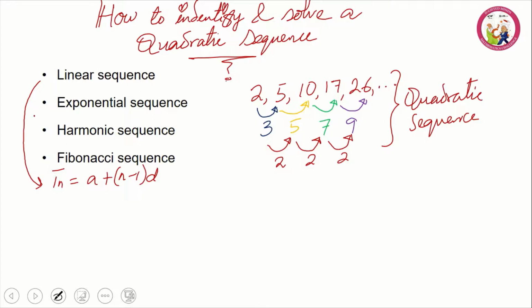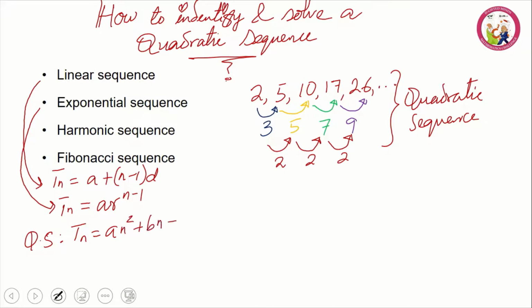For exponential sequence, which is geometric progression, the nth term Tn is given by a r raised to power n minus 1. Also, for quadratic sequence, let's call it QS, the nth term is given by an squared plus bn plus c.